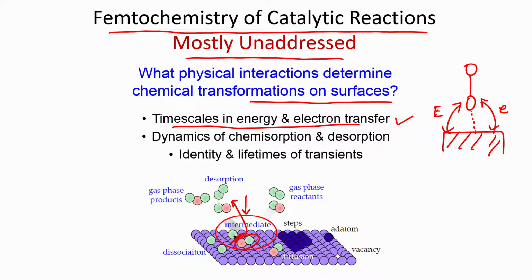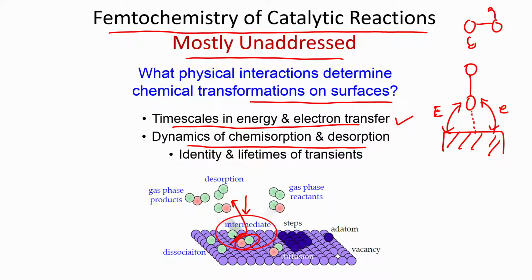Then if a time scale is known, what is the typical dynamics of chemisorption and desorption? One can say that when the molecule is desorbing, it is heavily rotating. That is also possible, let us say. The question is, do we know what kind of rotational energy it gains after it leaves the surface?